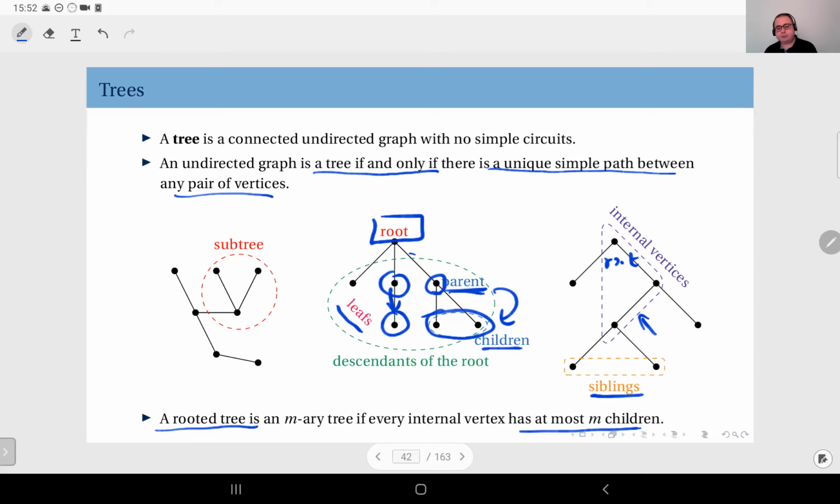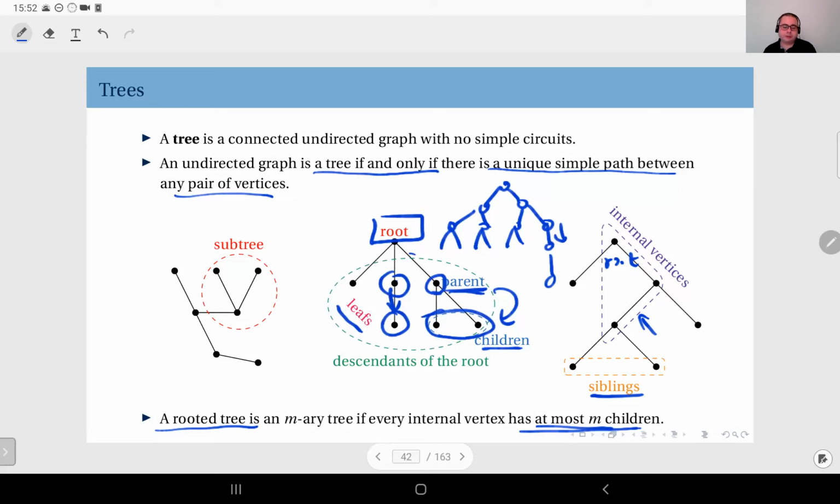So this is sometimes confused when you say, for instance, a binary tree. This means every internal vertex, meaning the ones except the leaves, has at most 2 children. Okay, so you may have just one child here, and that is allowed.